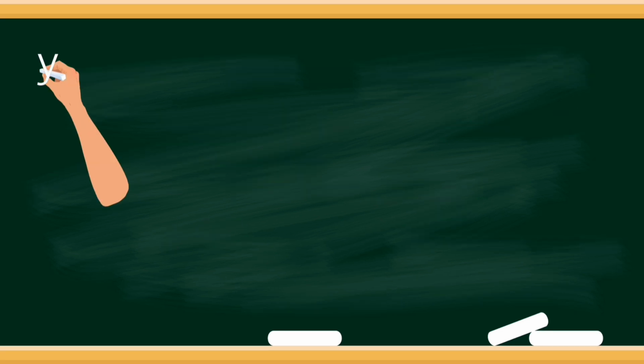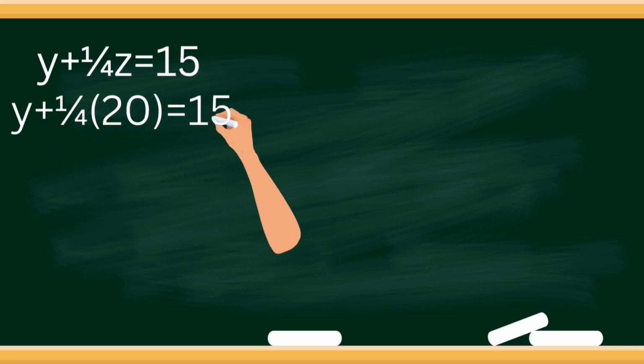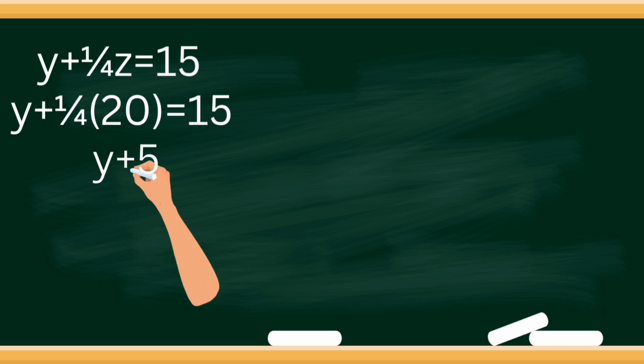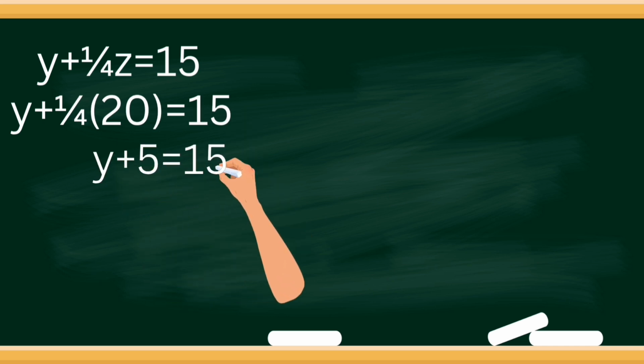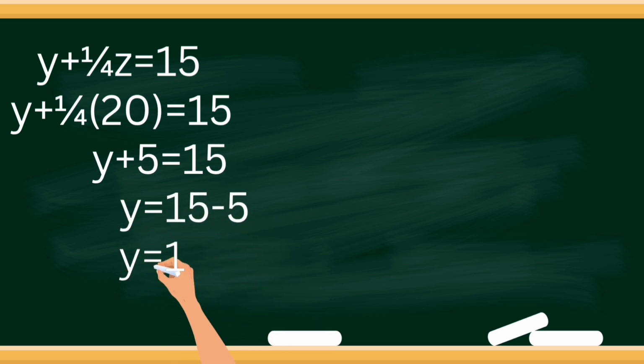First, let's find the value of y. And let's just substitute the value of our z, which is 20. And it will become y plus 1/4 times 20 is equal to 15. And it will become y plus 5 is equal to 15. And it will become y is equal to 15 minus 5. And y is equal to 10.